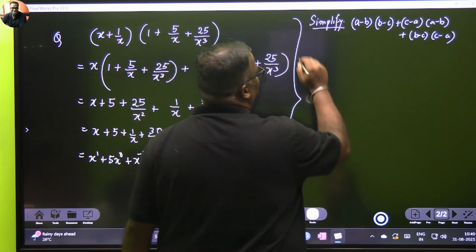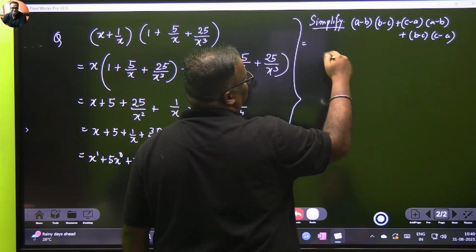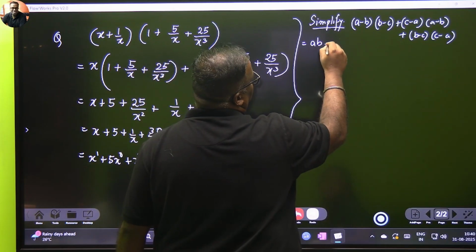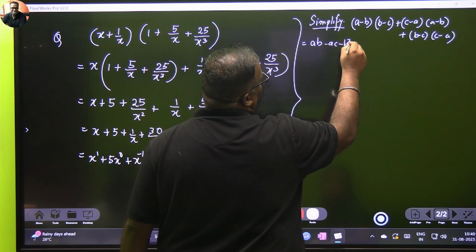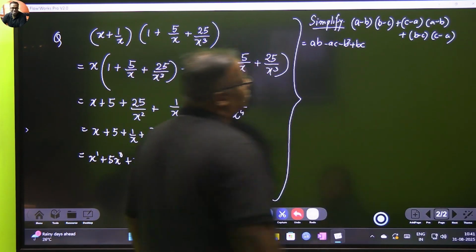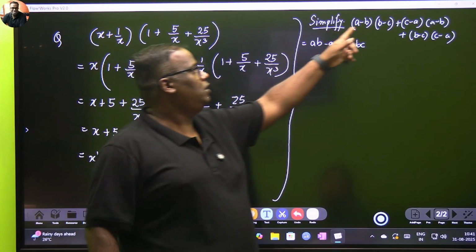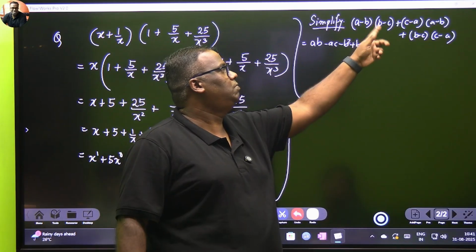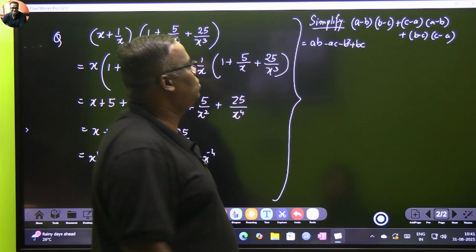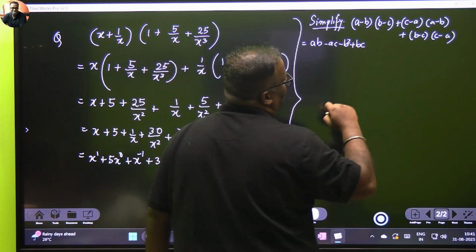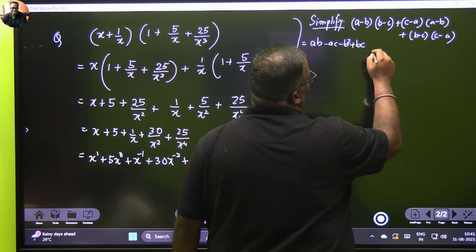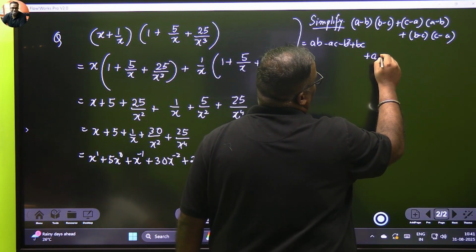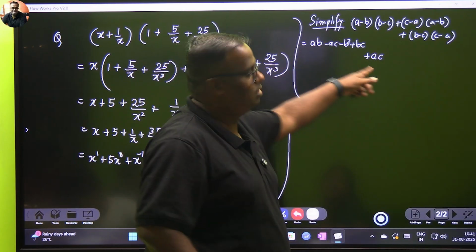Okay, so let's see this problem. Can I jump a step if you allow me? The first becomes AB minus AC minus B square plus BC. A into B is AB, minus AC, minus B square, plus BC. Understood? Let's look at the second one. The second one gives me CA, I'll write it as AC only, alphabetical.